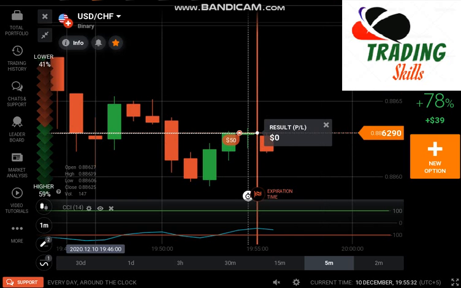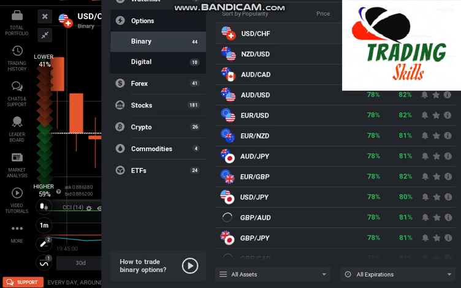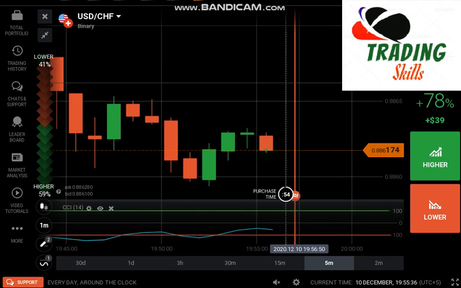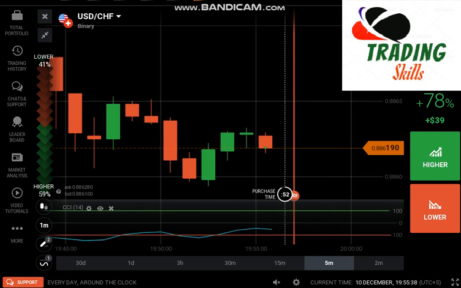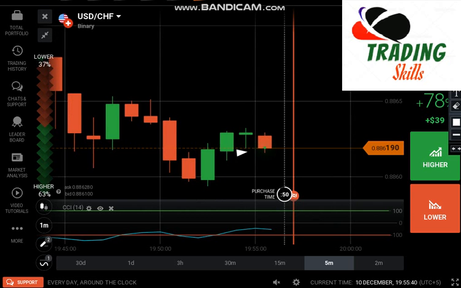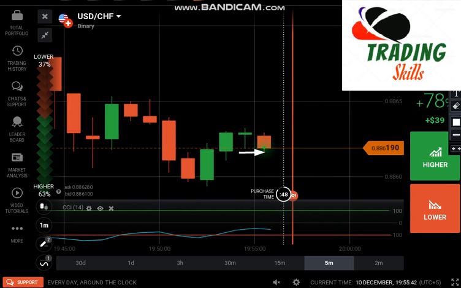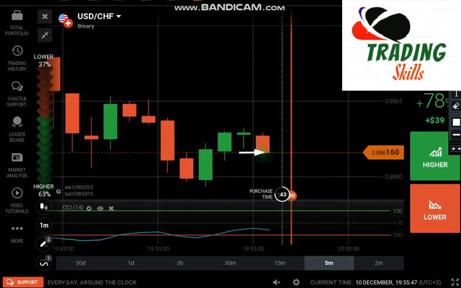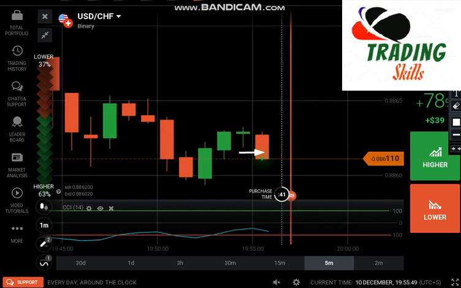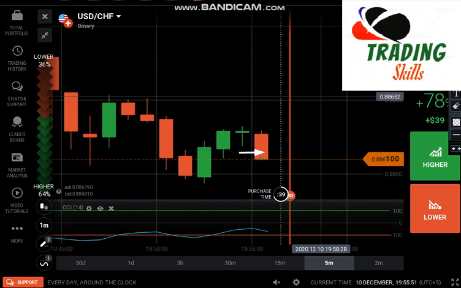Okay, so now after this candlestick I can easily go with the sellers. Why? Because you can see this candle made a new low, and it is a strong candle, and it is an engulfing pattern.